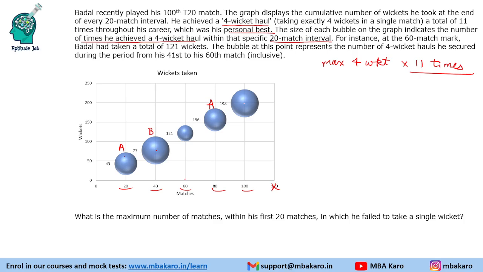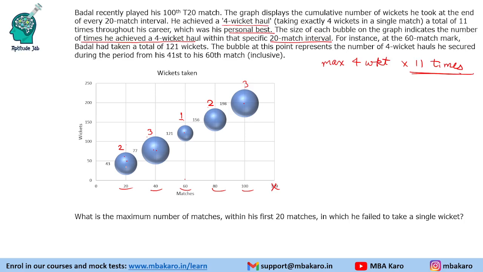This size is B, and this is the same size, so it is B. And this is a smaller size, C. Since the numbers are not big, it is just 11, if we assume C to be 1, A will be greater, that is 2, and B looks even bigger, so 3. Total 5, 6, and 5, 11 times. So this thing is very simple to figure out: this bubble means 1 time, 2 times and 3 times.